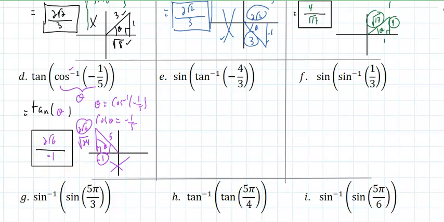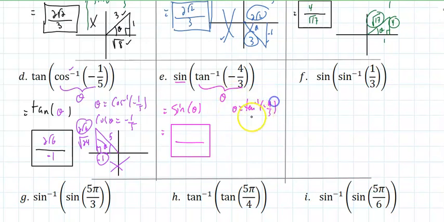And again, I'm playing with all different combinations you can think of. This is theta. I'm looking for the sine of this angle theta. So I'm looking for a ratio of the opposite over the hypotenuse. On the side, I let theta equal the inverse tangent of negative 4/3. That means tan of theta must have been negative 4/3.